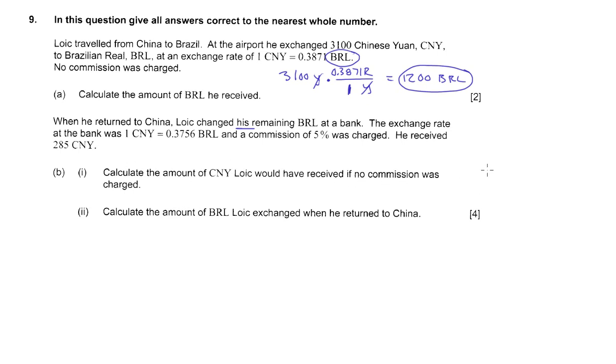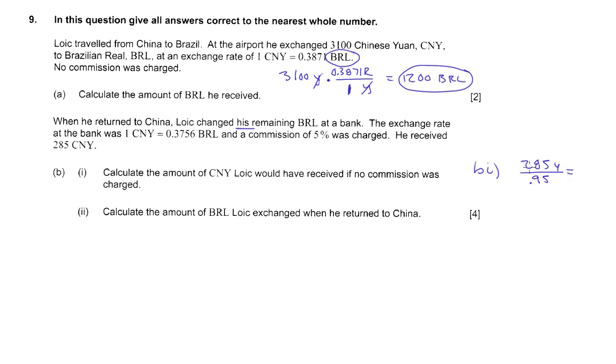So, B1: calculate the amount of Chinese yuan Loic would have received if no commission was charged. He ended up with 285 yuan, okay, but he was charged a 5% commission. So, he's only getting 95% of what he would have had if there was no commission.